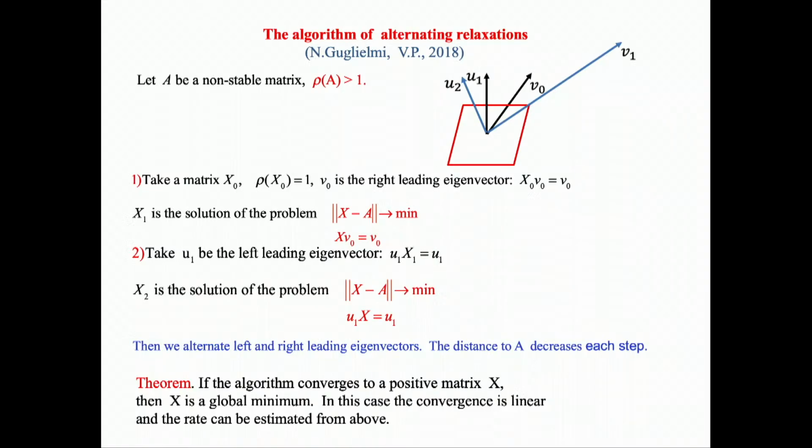In spite of non-convexity, in spite of everything, we get a global minimum. Unfortunately, this situation is not standard. It is very desirable and quite exceptional that the resulting matrix doesn't have zeros.